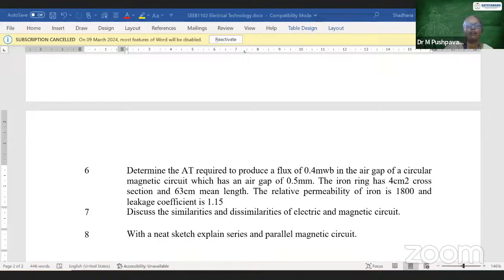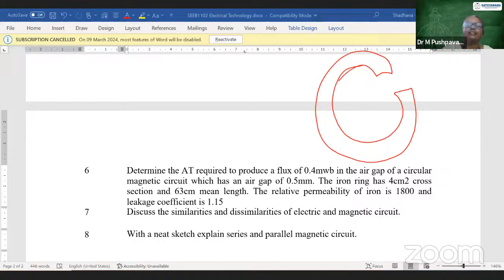Okay, so I will draw this. An iron ring of 8 centimeter diameter is made up of round iron of diameter 1 centimeter and permeability 9. I think it's almost similar to that problem. Okay, so you just see this.